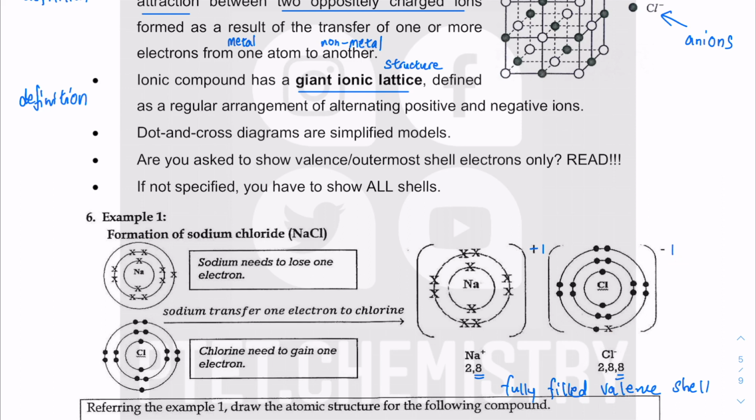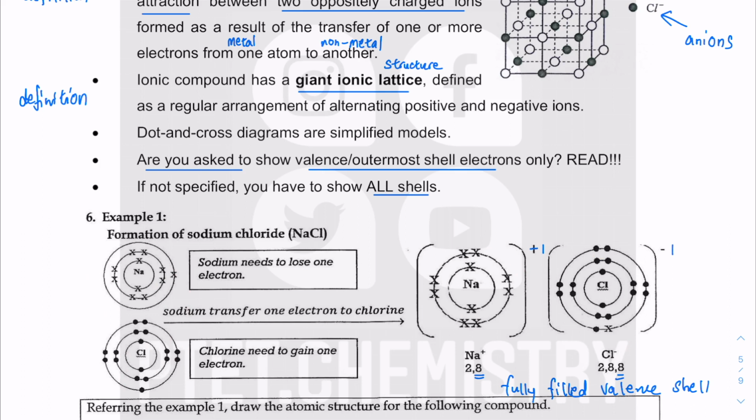Now you also need to be aware: are the questions asking you to show valence or outermost shell electrons? If they don't ask you to do that, and you don't specify in the question, then you have to show all the shells, which is what this example has shown you. It has shown you all the electrons in the shells.